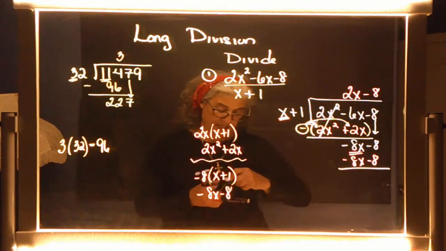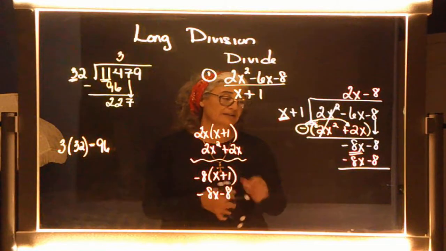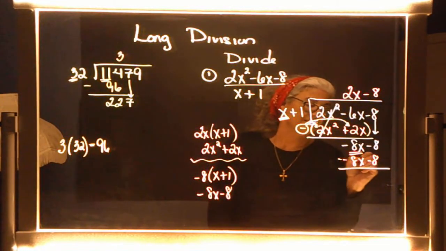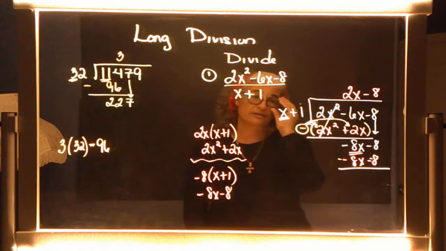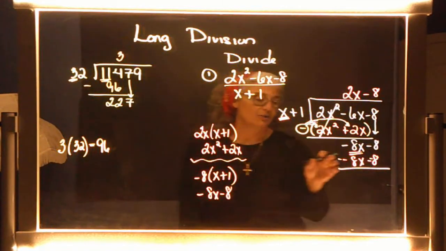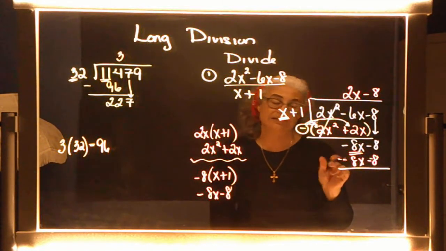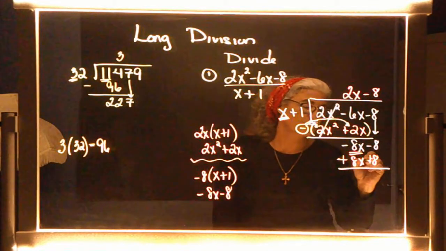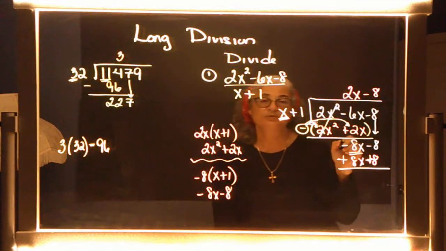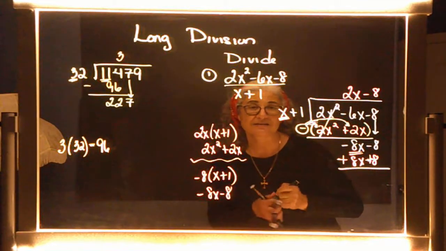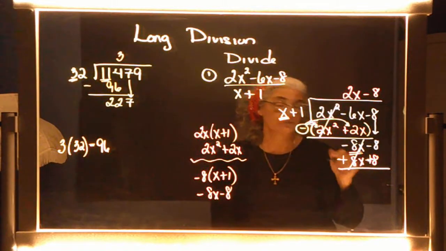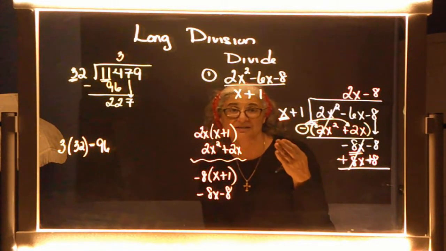Now remember, how many times are you subtracting? Twice. So this first one gets a negative and so does the second one. Yes? Well, the double negative makes it positive. This double negative also makes it positive, which means I have a negative 8x plus 8x. Cancels out, which is what we wanted to happen, right?